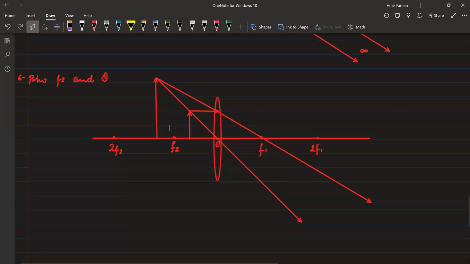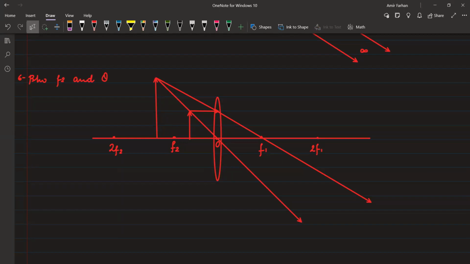How many of you have used a magnifying glass? Yes, okay. So this is the case that we use in the magnifying glass. We basically place the lens, the magnifying glass, between optical center and focus. That's why we see a large image of the object.